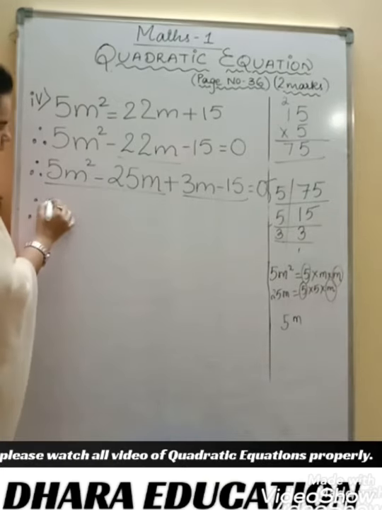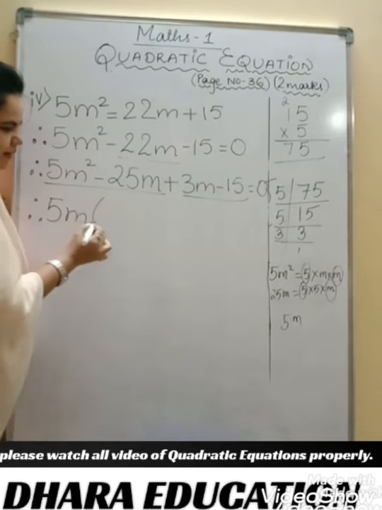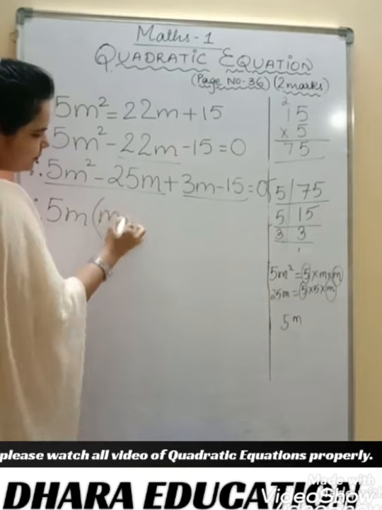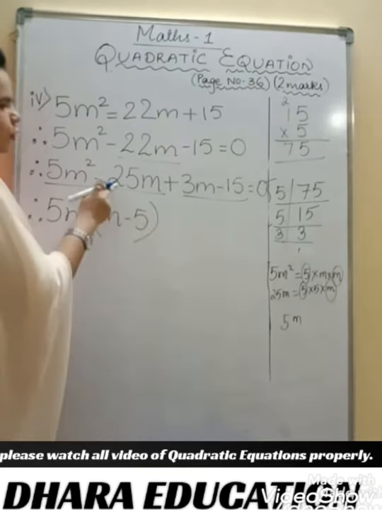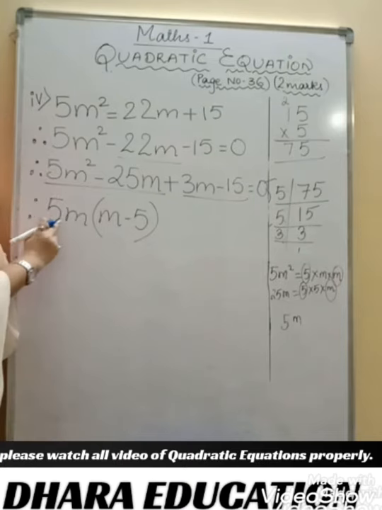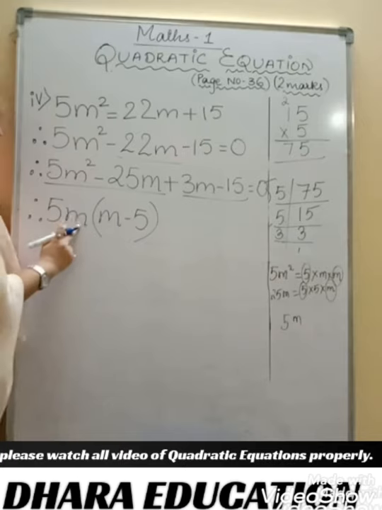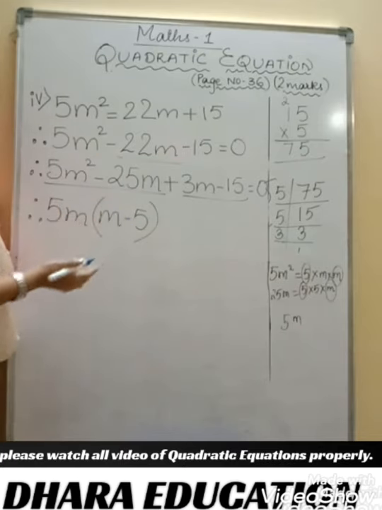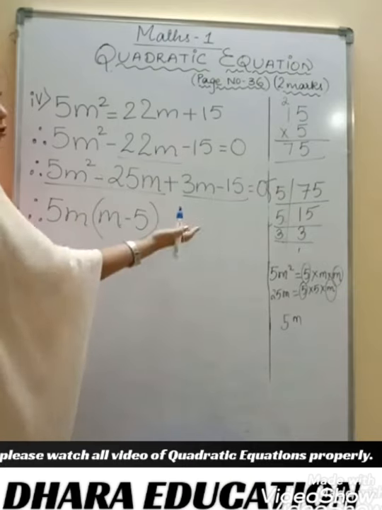Let's start. 5m is the common. Open the bracket. What is remaining in the first term is m minus 5. To fulfill this term, 5m multiplied by m gives you 5m square. 5m multiplied by 5 gives you 25m. Alright. As I told you before also in my earlier videos, this term will be written as it is over there.